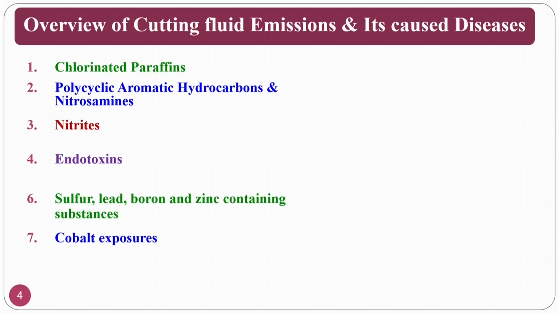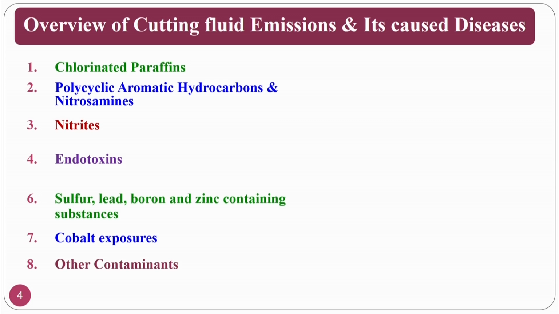Normally cobalt exposures are confined to metal cutting where tungsten carbide based tools are used. Similarly in tool and cutter grinders, whenever you use the grinding process for giving some angles to tungsten carbide cutting tools, this will come, and other contaminants.